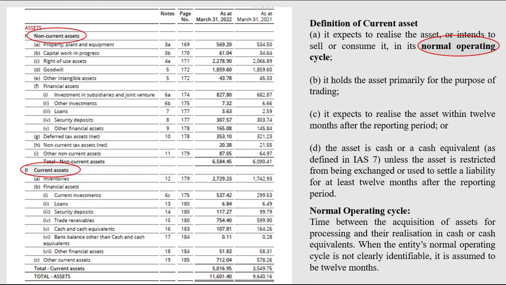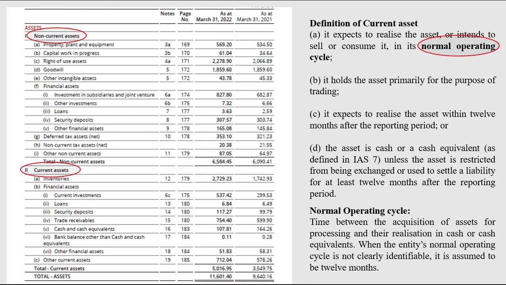So inventories are nothing but they form part of our normal operating cycle. Then when the inventories are sold, they get converted into trade receivables. So trade receivables are also nothing but they form part of our normal operating cycle. Then trade receivables get converted into cash.